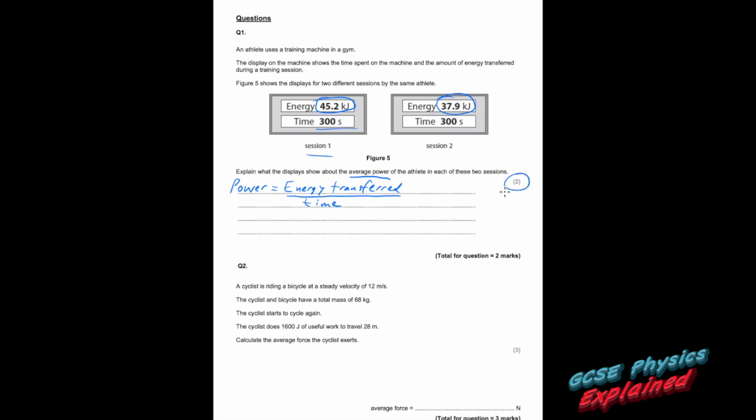If it's worth 2 marks, we'll just put that. Session 1 is more powerful because they've burnt more energy in the same amount of time. So basically in session 1, they've used more energy per second.